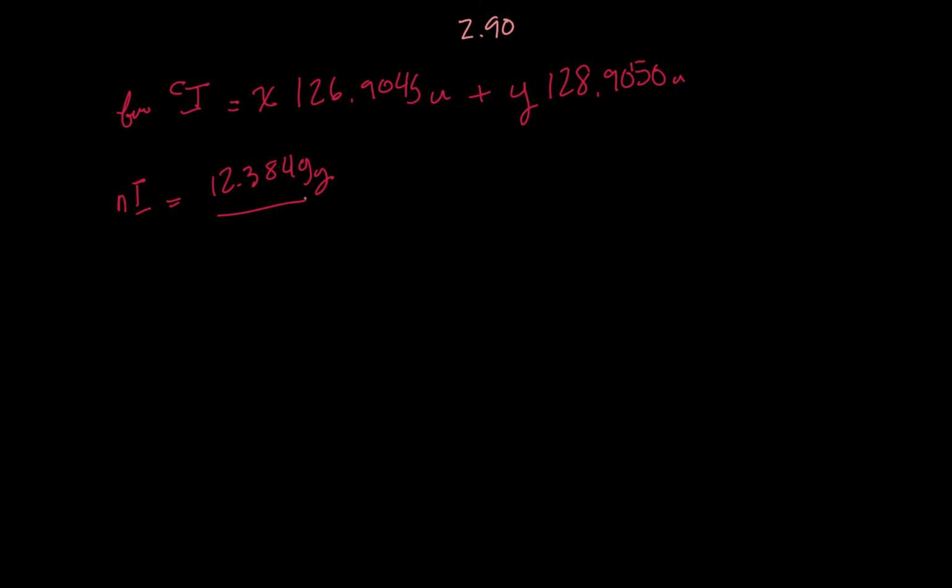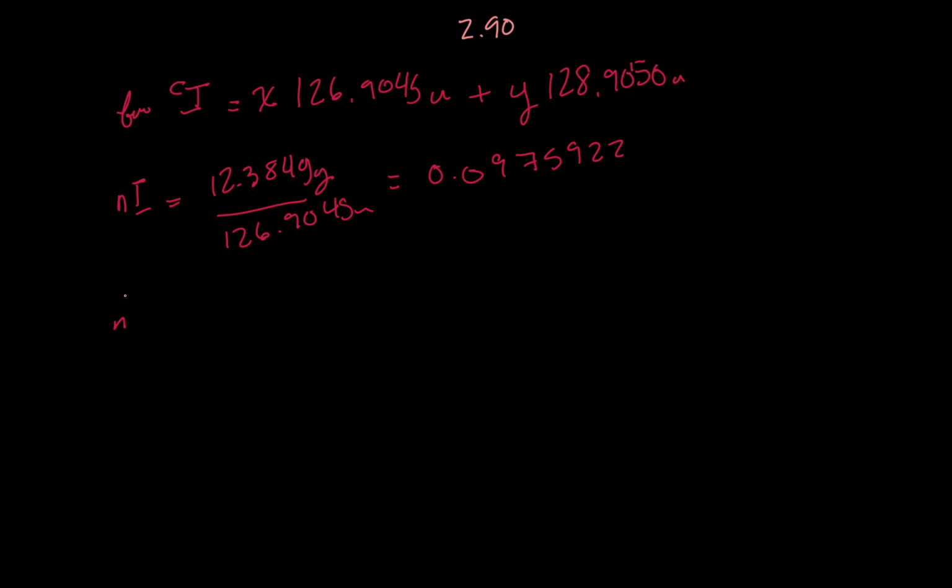We want moles of both these things. We're just dividing mass by the formula weights that we had, 126.9045 grams per mole. That gives us a total here of 0.097. I'm going to keep a large amount of figures here.